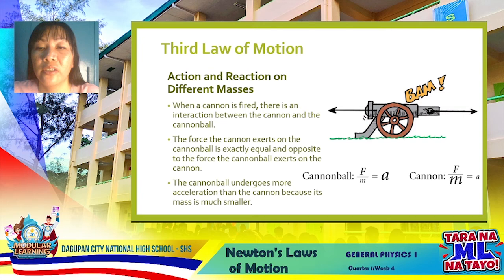According to Newton's second law, we must also consider the masses. The cannonball undergoes more acceleration than the cannon because its mass is much smaller. The force represents both the action and reaction forces, acting on the larger mass of the cannon and the smaller mass of the cannonball.